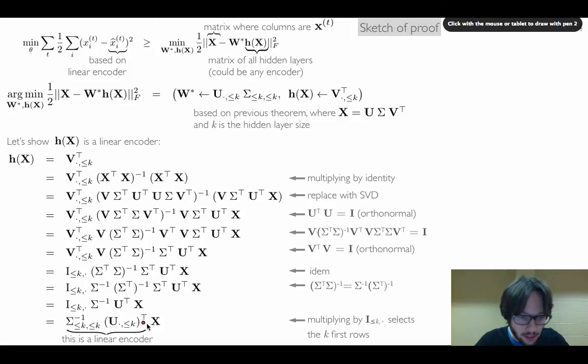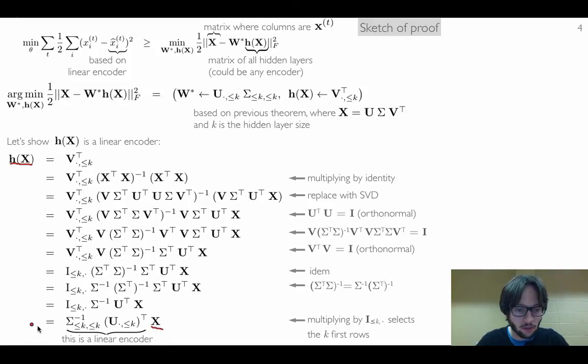And then we notice that we have an encoder that was computed by taking all the inputs and linearly transforming them, because this is just a linear matrix. So this could be our matrix W in an encoder. So h of x can be expressed as a linear encoder, and h of x, which has this form, is also the optimal solution for minimizing this.